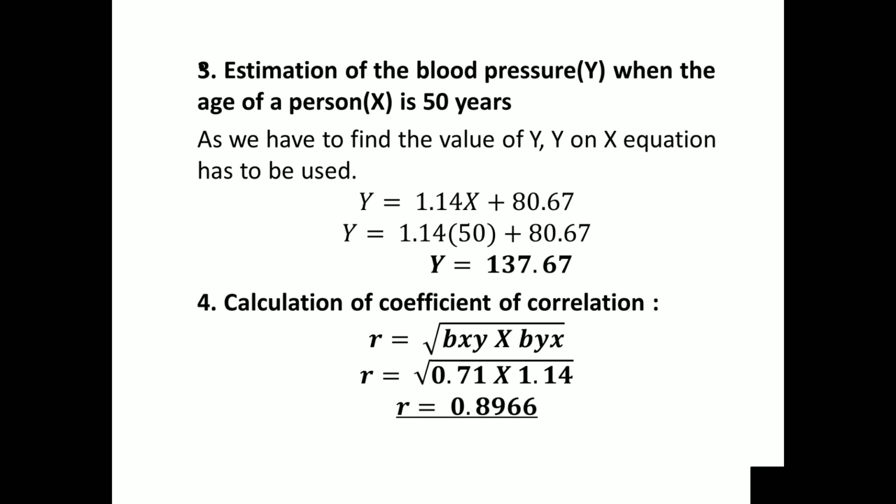Based on this, we can infer that there is a high positive correlation between the blood pressure of a person and the age of the person. The higher the age, the higher the blood pressure, and the lower the age, the lower the blood pressure. This is the analysis based on the correlation value.